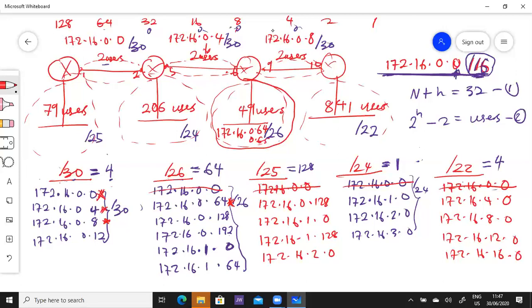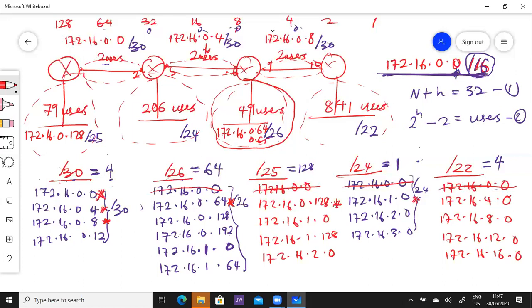What about the /25? /25, that is the next available for the /25. So 172.16.0.128/25. Then we go to the next. That is /24.